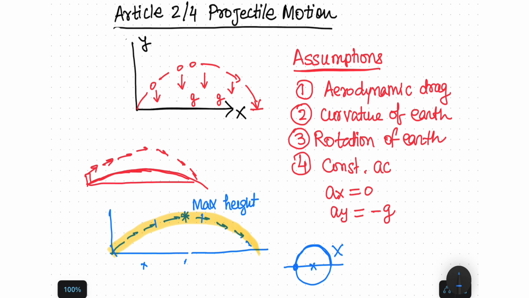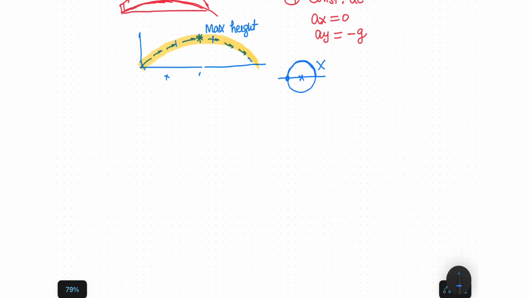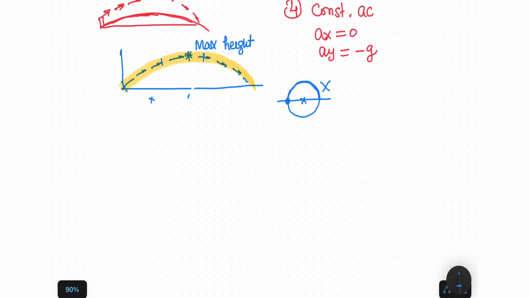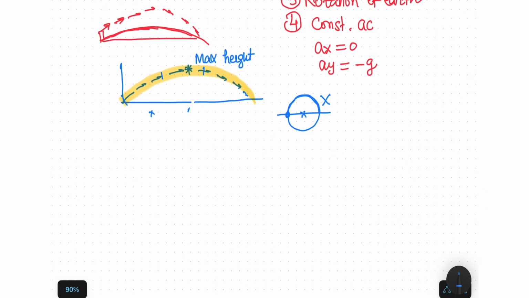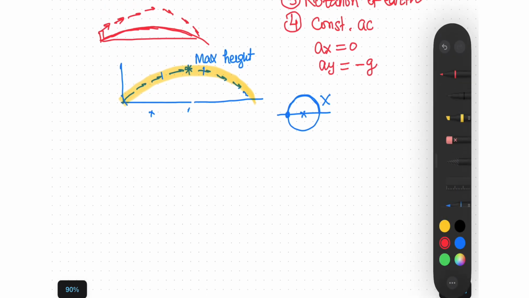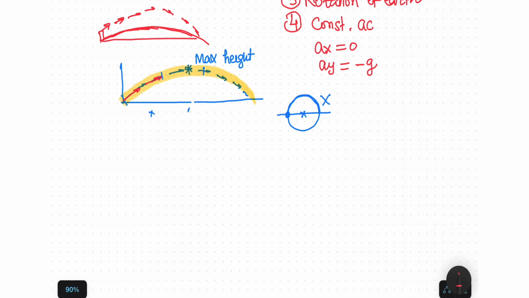Now let's move to another concept. When you throw a ball, it goes up, which means the velocity is decreasing. For example, if there is a ball in your hand and you throw it into the air, it goes up and stops here and then returns back.